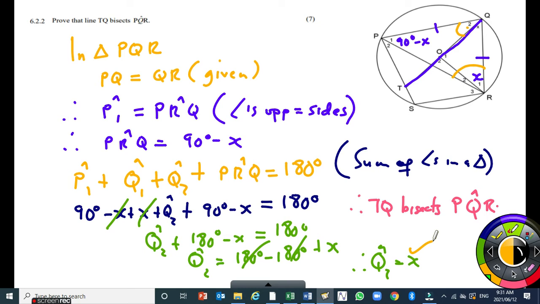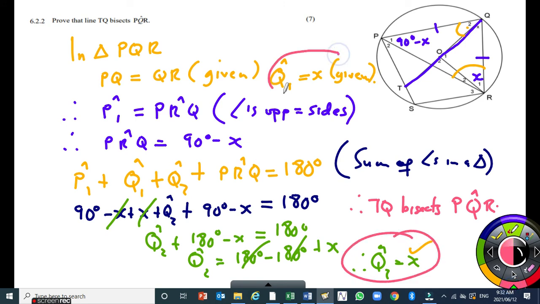But what I would suggest is somewhere at the beginning there, you must also write that Q1 is equal to X, as given. Then you can relate this and that.